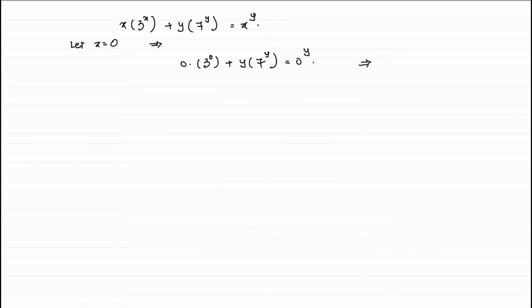That implies 0 plus y 7 to the power of y is equal to 0 to the power of y. That implies y 7 to the power of y is equal to 0 to the power of y.